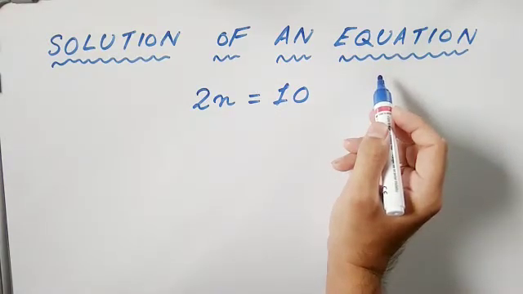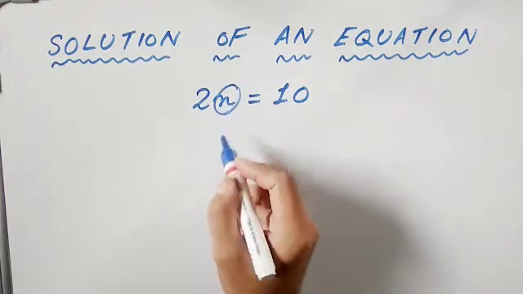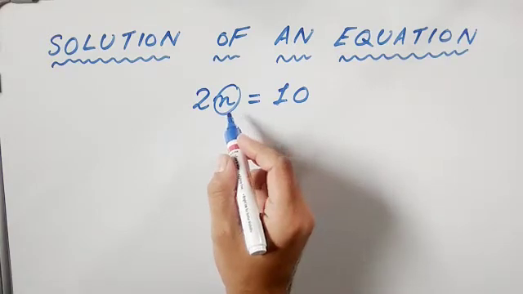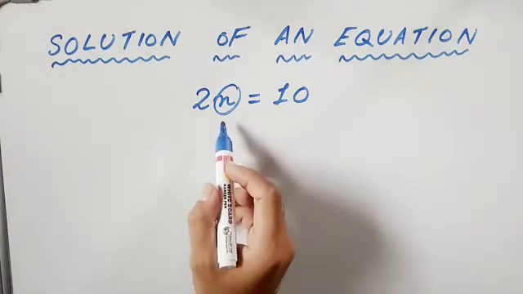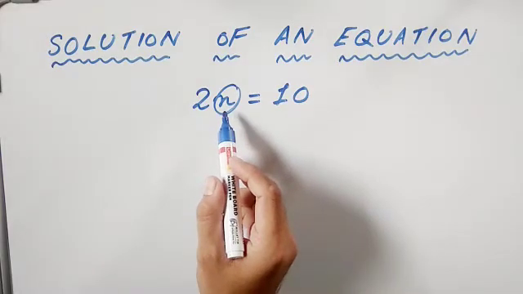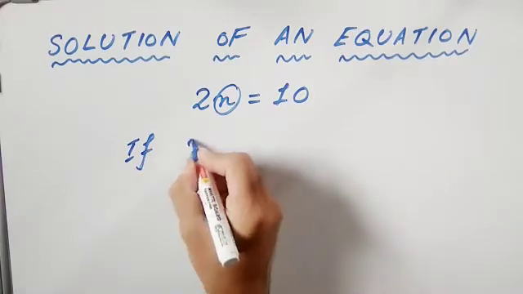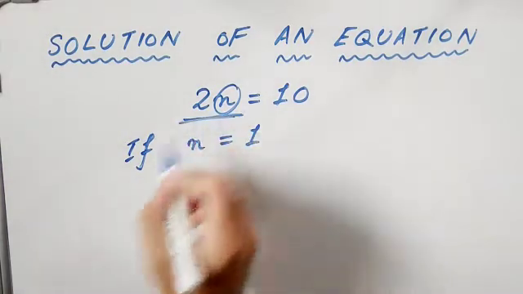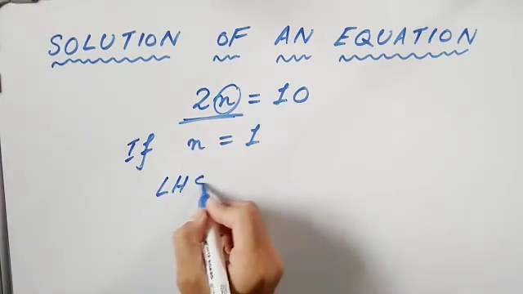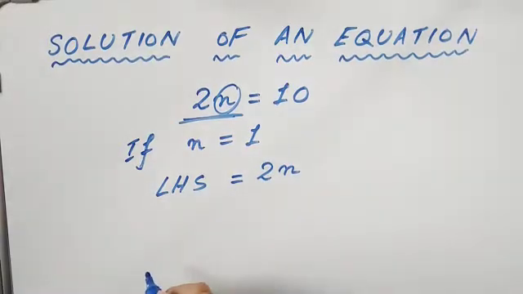So my question that I want to ask all of you is, what will be the value of this variable n to satisfy the given equation? Say for example, if we take the value of the variable n as 1, then let's find the value on the left hand side. The value on the left hand side is given as 2n, right?